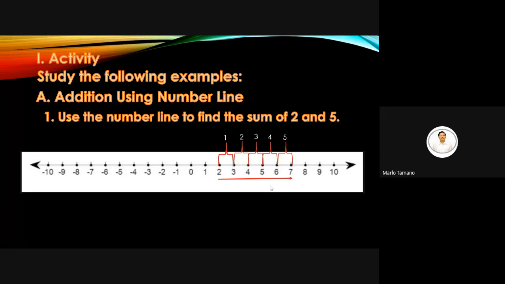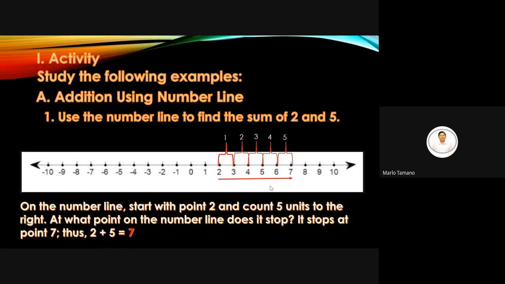So, 2 plus 5. Understood? On the number line, start with point 2 and count 5 units to the right. At what point on the number line does it stop? It stops at point 7. Thus, 2 plus 5 is 7.